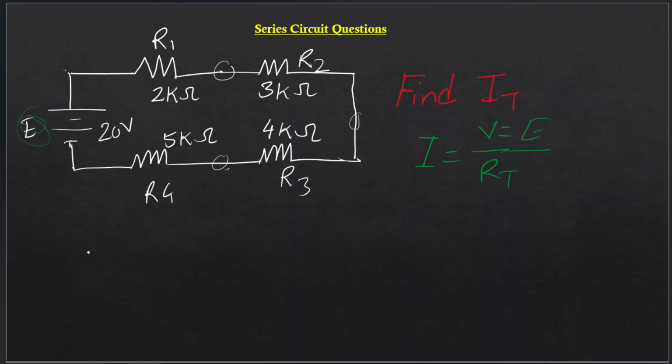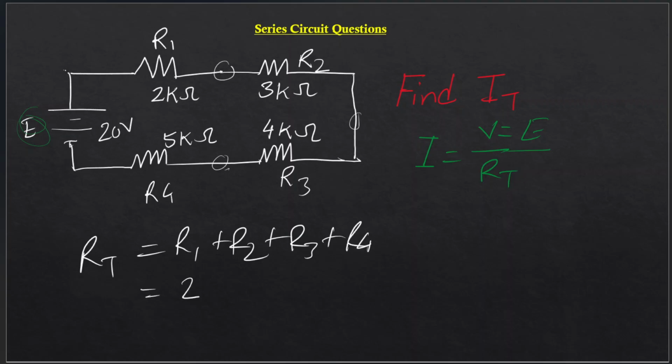So for RT, from the formula that we had, RT is equal to R1 plus R2 plus R3 plus R4. Let's substitute the values. So we have 2 kilo ohms plus 3 kilo ohms plus 4 kilo ohms plus 5 kilo ohms. In total that's 5 plus 9, so 14 kilo ohms.